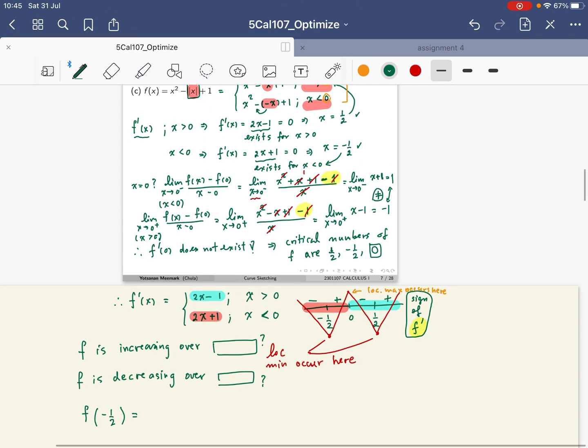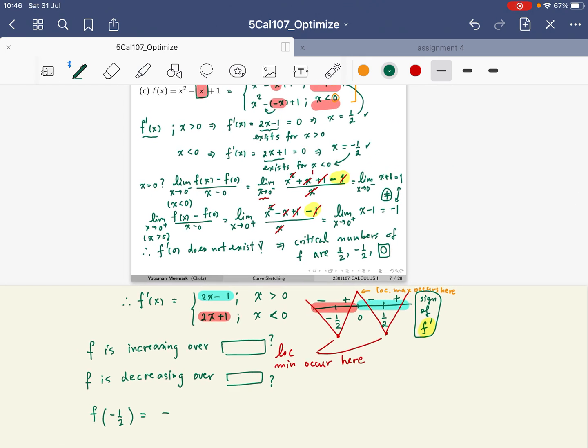However, we can say that f at negative 1/2, look at your f again, it is x squared minus the absolute value of x plus 1. So you have negative 1/2 squared minus the absolute value of 1/2 and then plus 1, which is 1/4 minus 1/2 plus 1, so you have 1/4 minus 2/4 plus 4/4, which is 3/4.